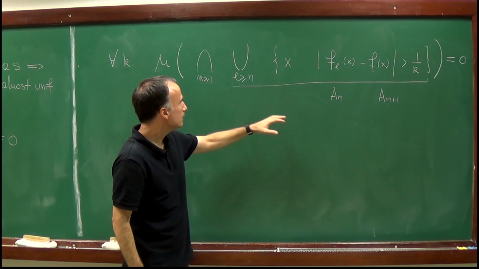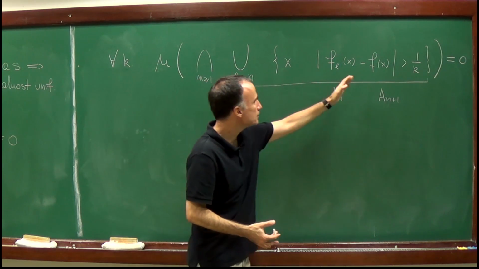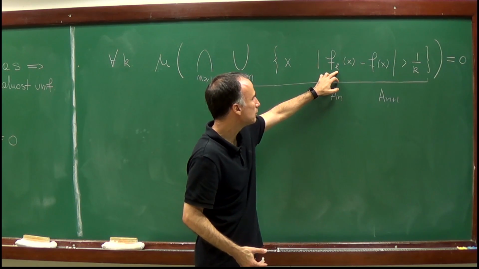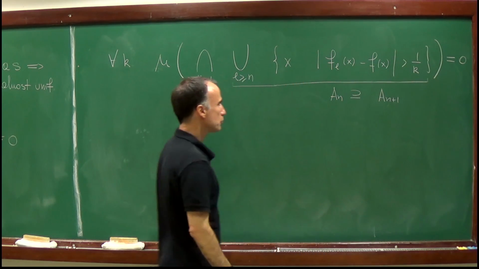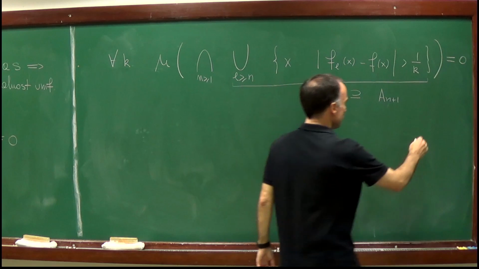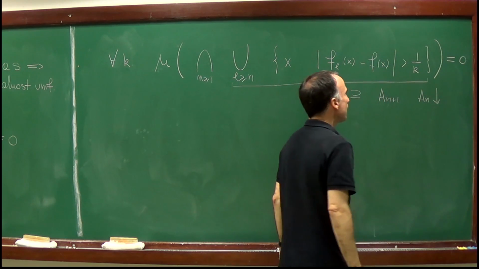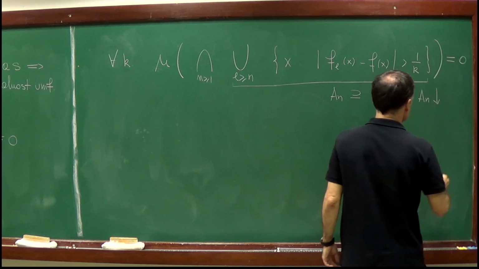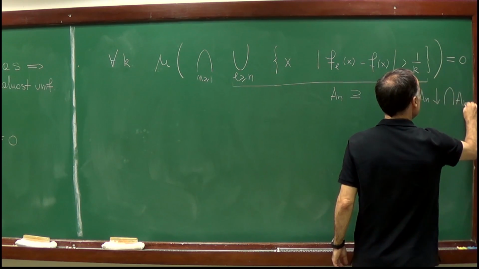This means that An is equal to An plus 1 union the set in which I take L equal to n, which means that An contains An plus 1, so that An is a decreasing sequence, and An decreases to the intersection over all An.